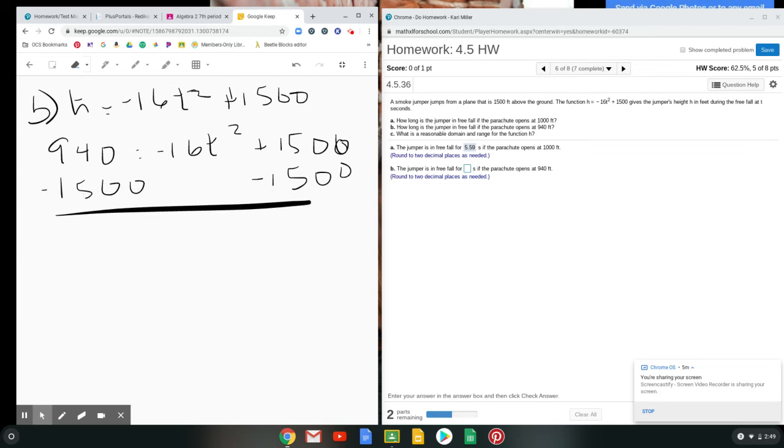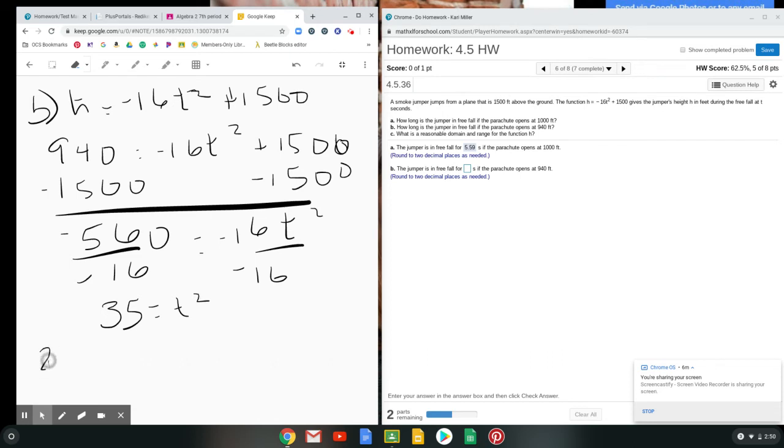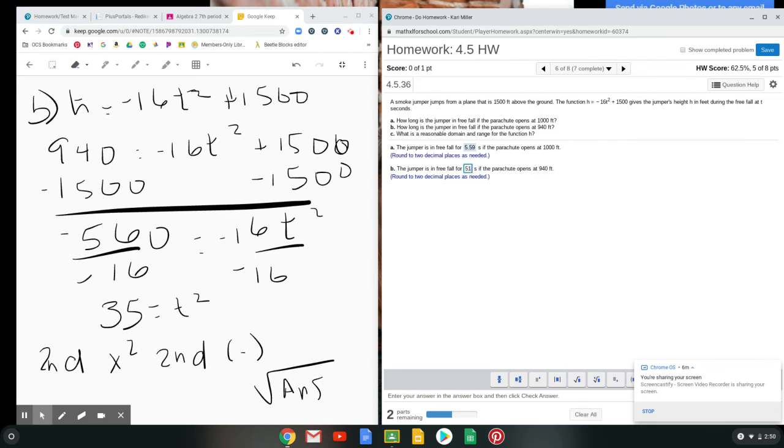And we get negative 560 equals negative 16t squared, divided by negative 16. And we get 35. And so again, second x squared button, second negative button, and all that does is bring up the last answer. You'll see on your calculator the square root of ans, and then it says round to 2 decimal places. So that'll be 5.92.